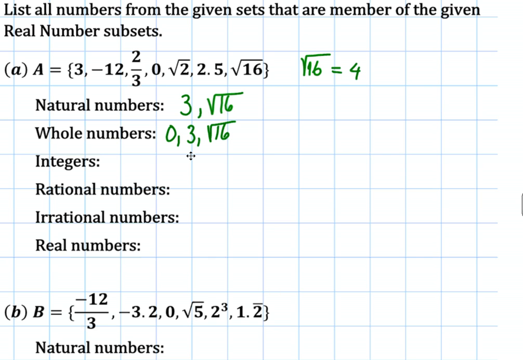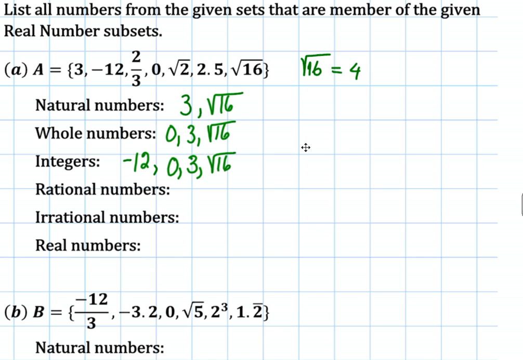Now my integers will add the negative numbers. So I'm going to have the numbers that I already had from the previous whole numbers, but I'm going to add my negative numbers, a negative 12. Okay. And I believe that's it.